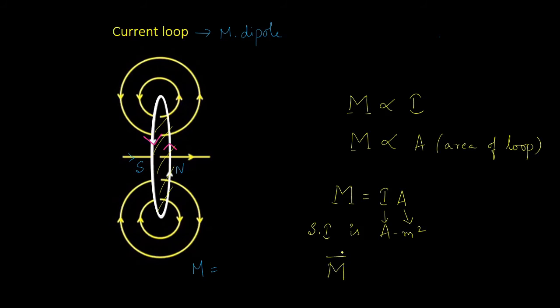If I write the vector notation, we know current is a scalar quantity, but in physics, area is taken as a vector quantity. So we take it as the area vector. So dipole moment is a vector which is given by current into area.